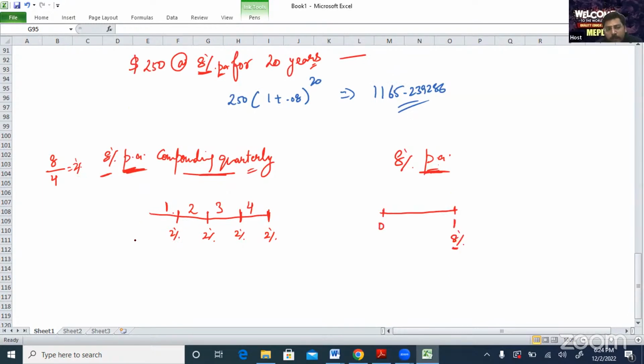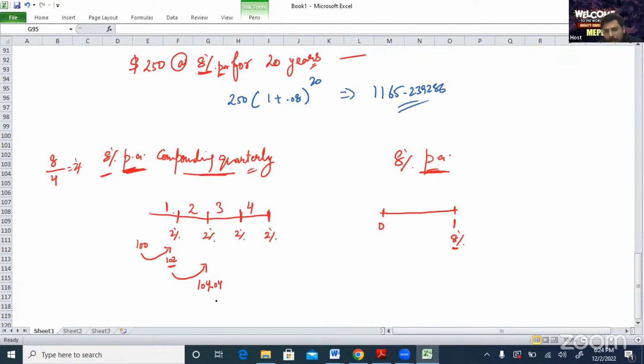So what will happen in this case? For example, if I again invest 100, so 100 will become how much? 102 at the end of 3 months. We can say at the end of first quarter. Now in the second quarter, I will get interest on this 102. It will become how much? 104.04.